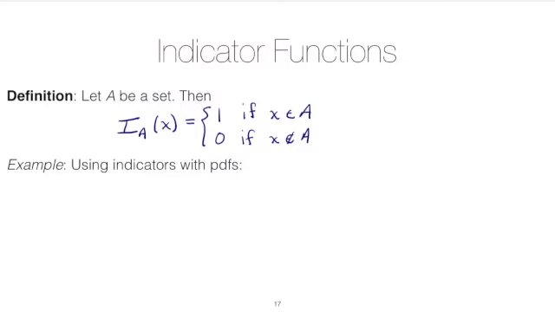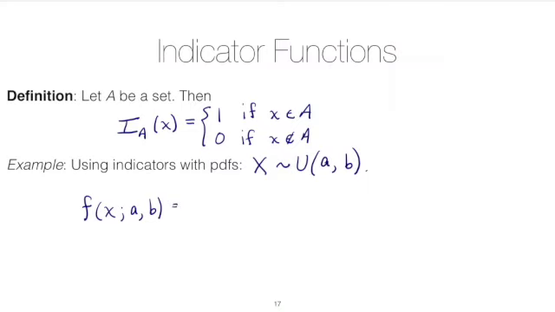So we looked at an exponential example. Why don't we look at just another simple example, maybe the uniform distribution. So suppose we have our x coming from a uniform, we'll make it a, b. So the PDF will be a function of x. It will have two parameters, a and b.